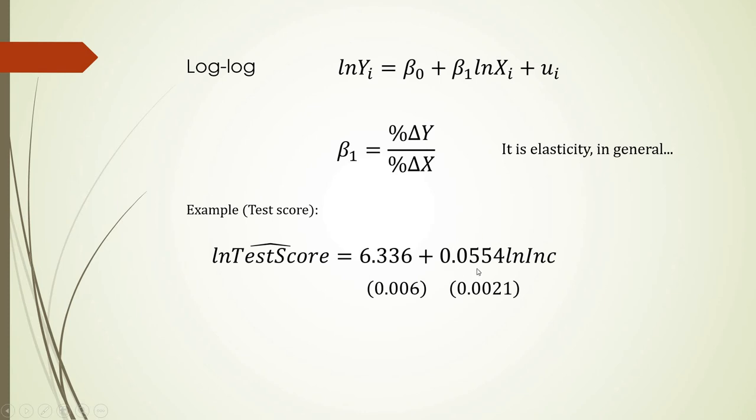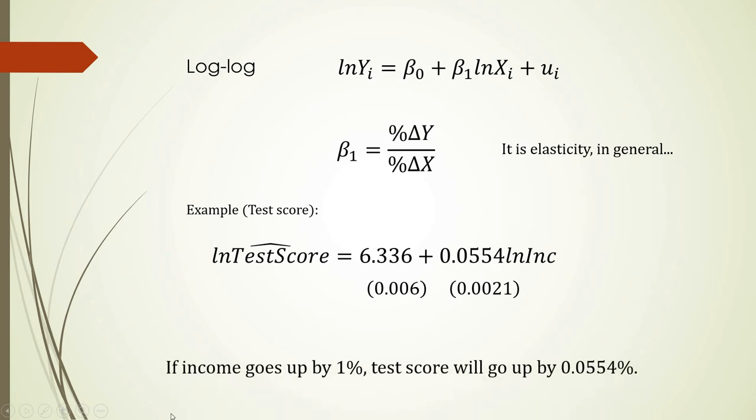So beta 1 is 0.0554. It means if income goes up by 1%, test score on average will go up by 0.0554%. So you don't move the dot any place to the left or to the right. It stays like it is.